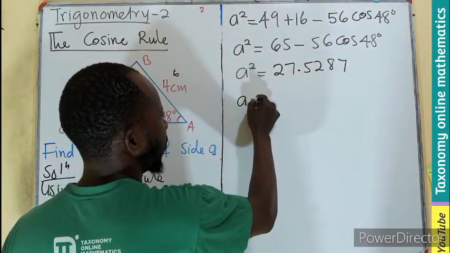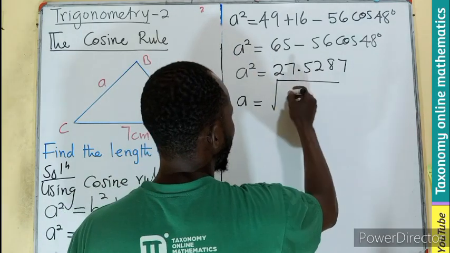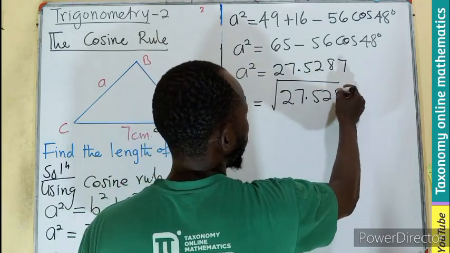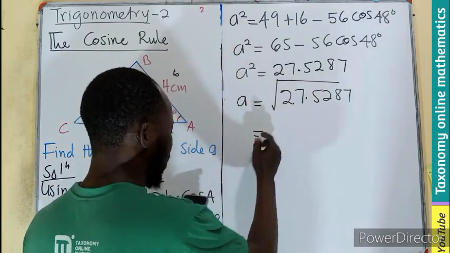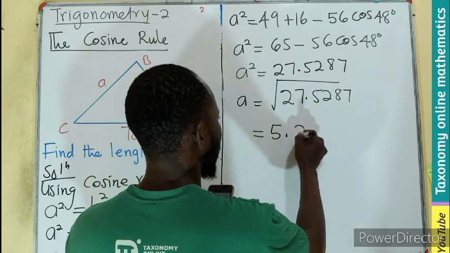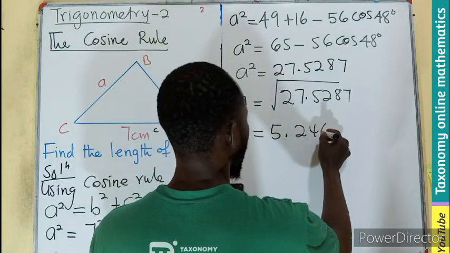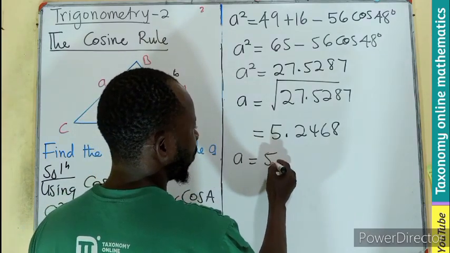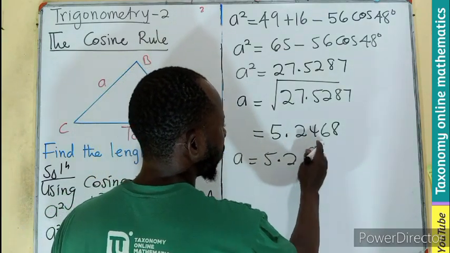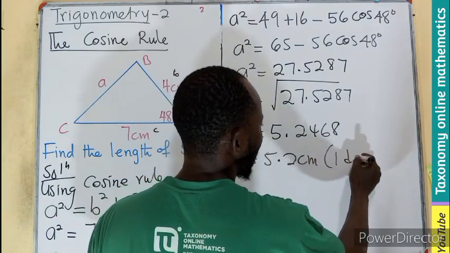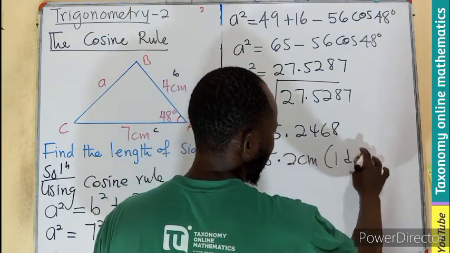Then your A will be equal to the root of that figure, 27.5287. That will give us 5.2468. So our A will be equal to 5.2, what is the dimension? Centimeters, to 1 decimal place.